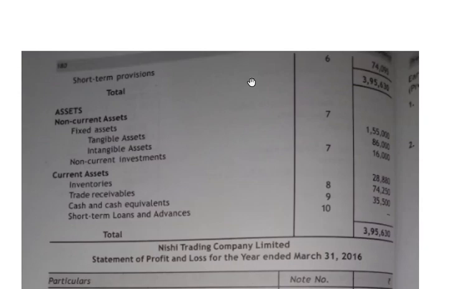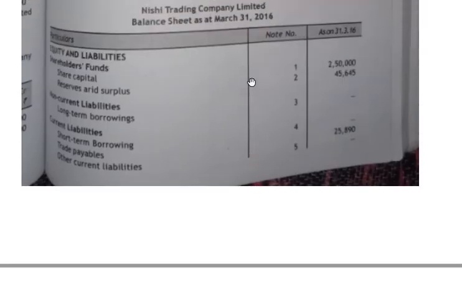So if you look into the balance sheet, Nishi Trading Company Limited balance sheet as on March 31st, 2016. Equity and liability, shareholders fund, share capital, working note number 1, 2,50,000. Reserves and surplus, working note number 2, 45,645.